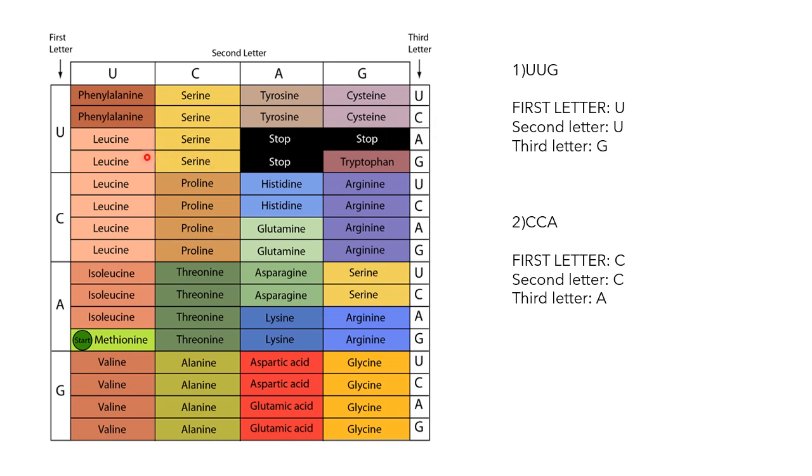So that is how we refer to the codon table. So first letter is U, so we will see this particular row. Then second letter is again U, so this row and this column, and third letter is G, so here it is G, so UUG codes for leucine.